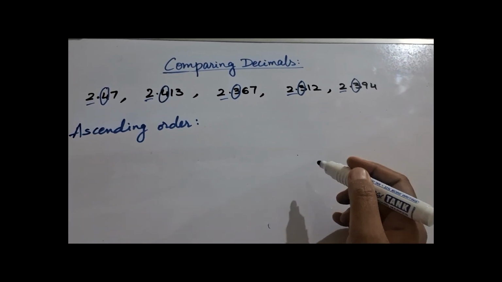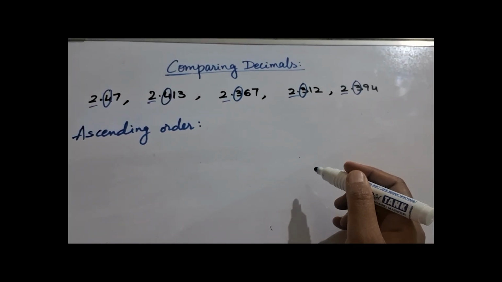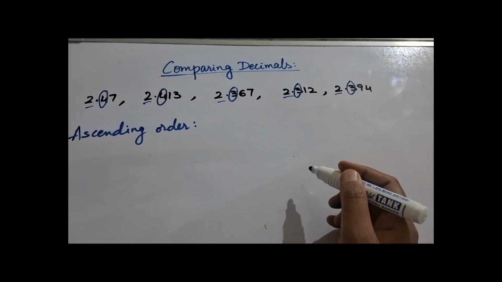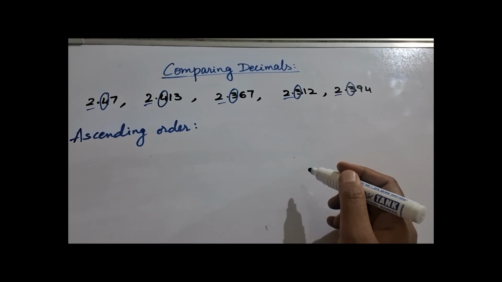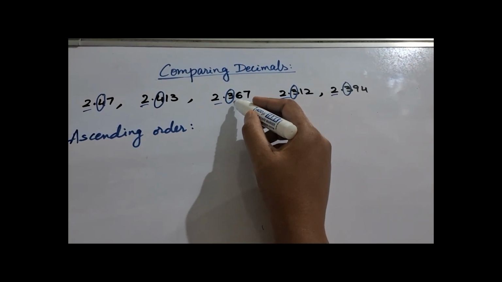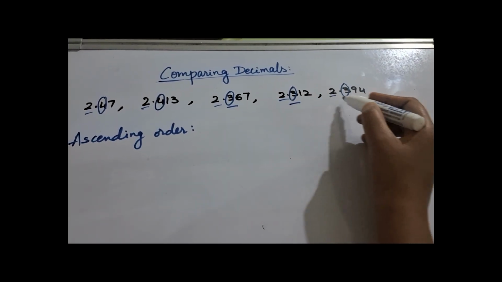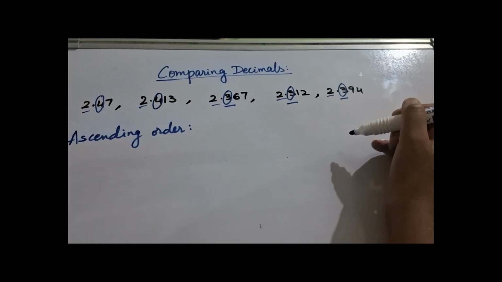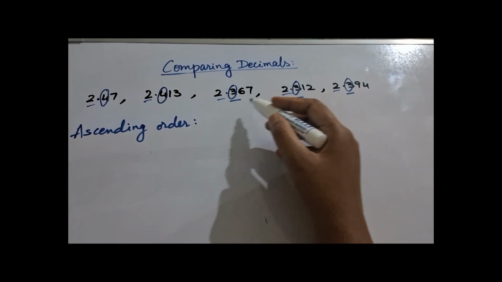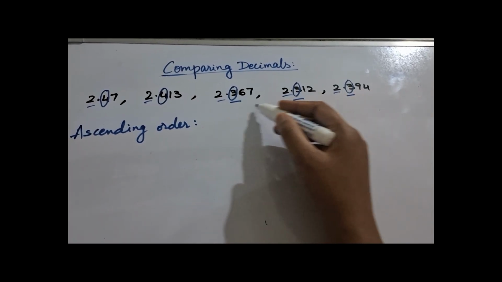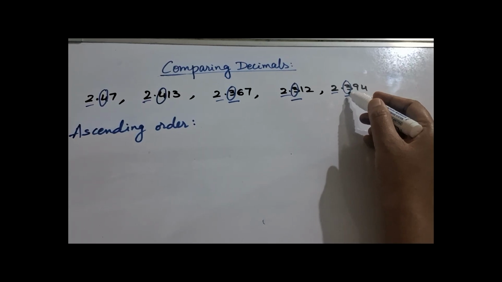Now the tenths part of these decimal numbers, which one is smaller, children? Here we can observe that the tenths part of these three decimal numbers is the same. Okay, children.